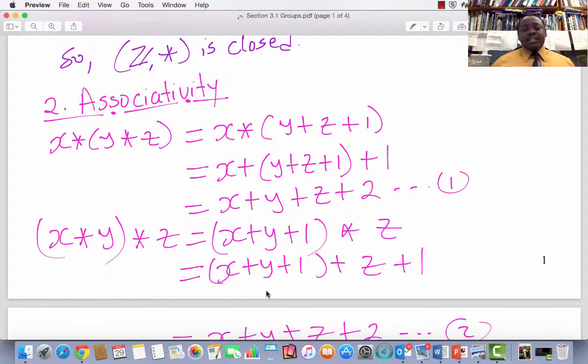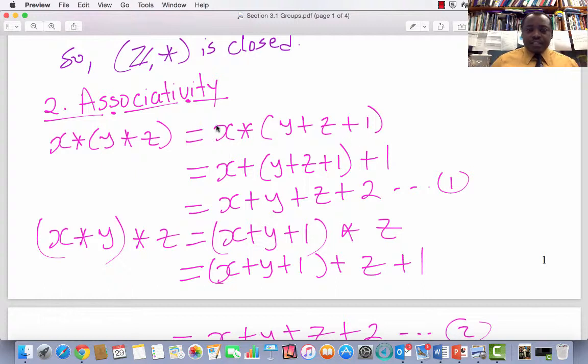Condition 2, we want to verify associativity. Let x, y, z be elements in Z, the set of integers. Left-hand side, (x star y) star z. By the definition of the binary operation star, y star z is y plus z plus 1.